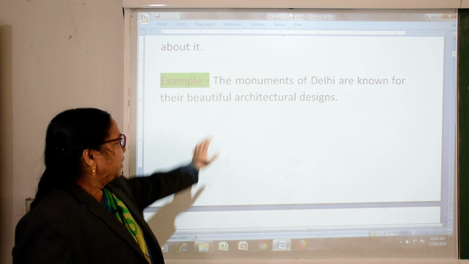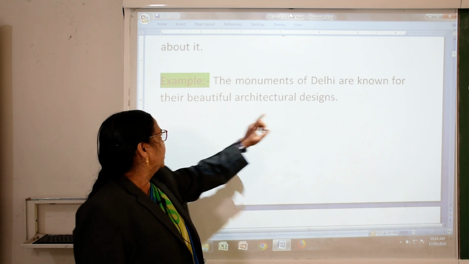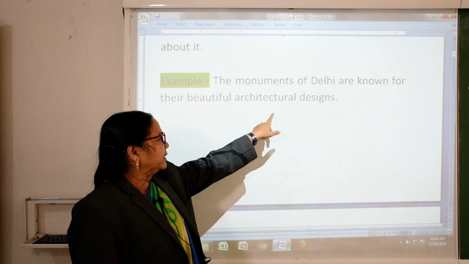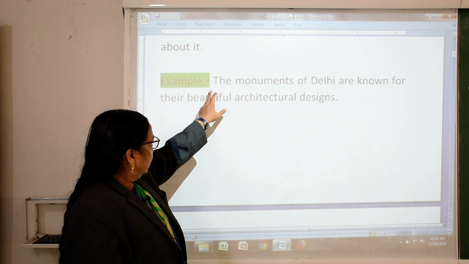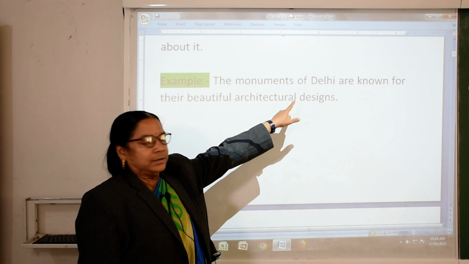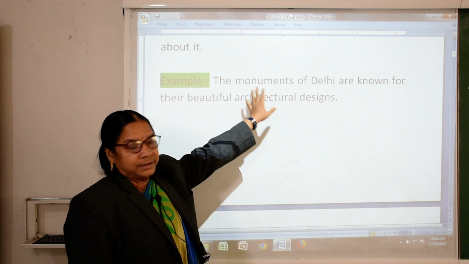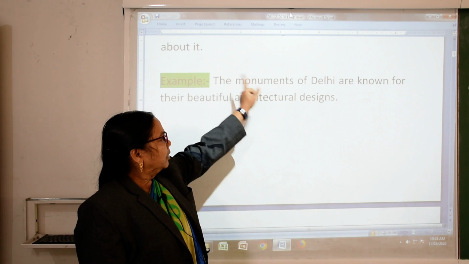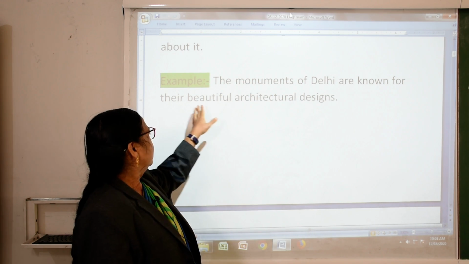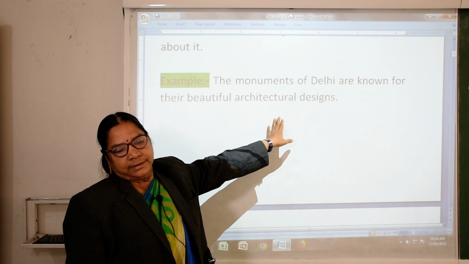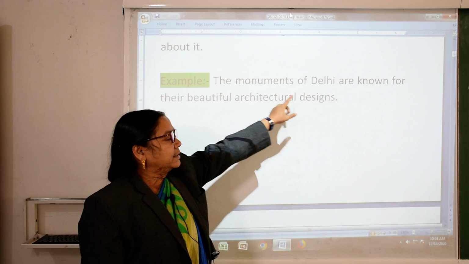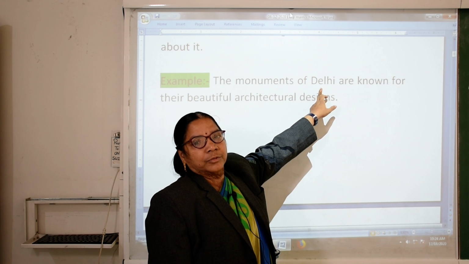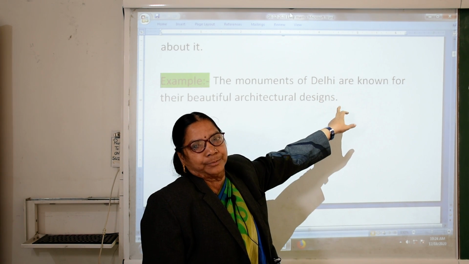See, the monuments of Delhi are known for their beautiful architectural design. The determiner here is "of Delhi". If we say, the monuments are known for their beautiful architectural design, it refers to the particular monuments of Delhi.